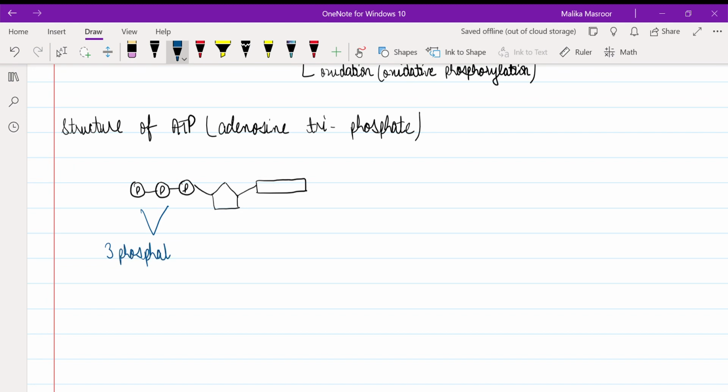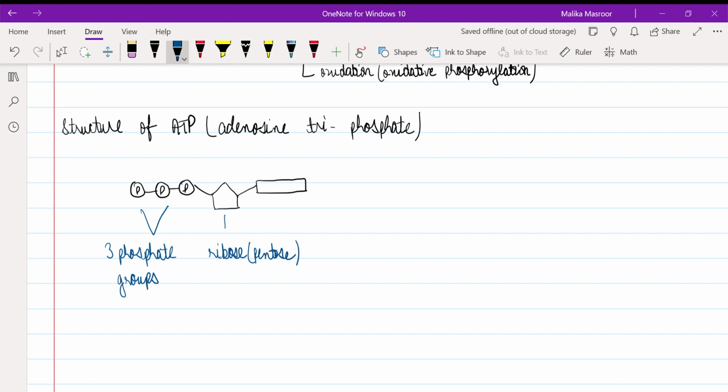Whenever we are breaking down ATP into ADP, one of these phosphates is removed, and when we are adding inorganic phosphate into ADP, you get ATP. These are your 3 phosphate groups. This is your ribose sugar. An example of ribose is pentose, that would mean a 5 carbon sugar.